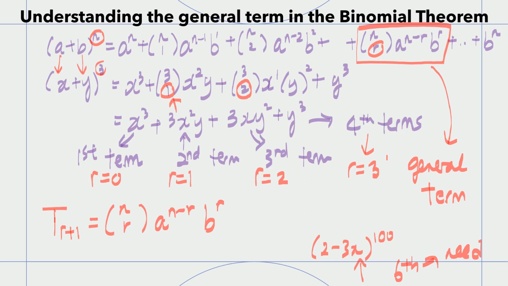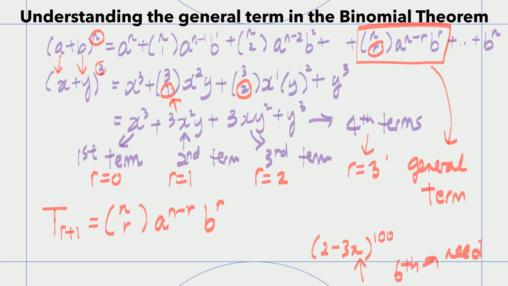You're not going to expand all 100 terms and then get the sixth term. If you just need the sixth term, you can use this general term formula to target the term that you want. So this is the usefulness of getting to know the general term formula.